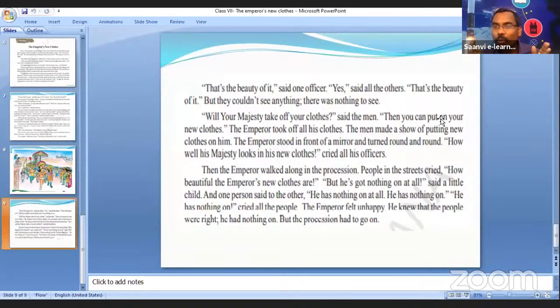So he was a very proud man as well. So that's why the two weavers who came to his kingdom entirely cheated the emperor and took a lot of money from him. So if you are not doing your duty in a right manner, somebody will cheat you, isn't it?